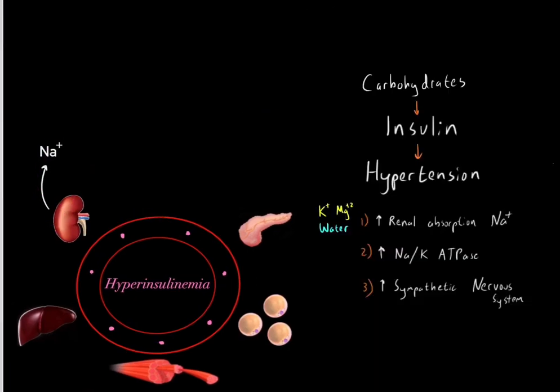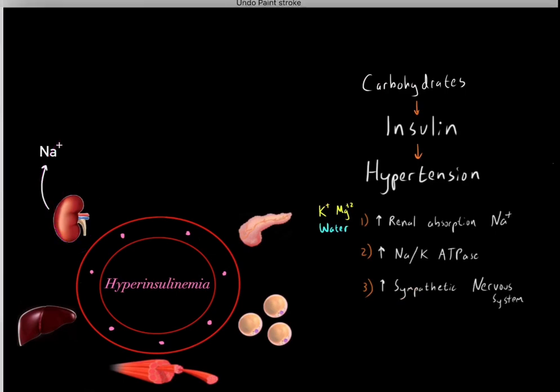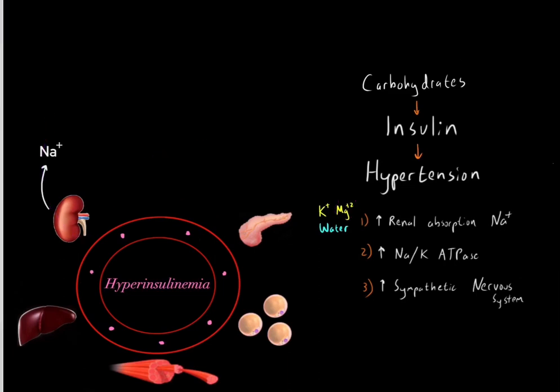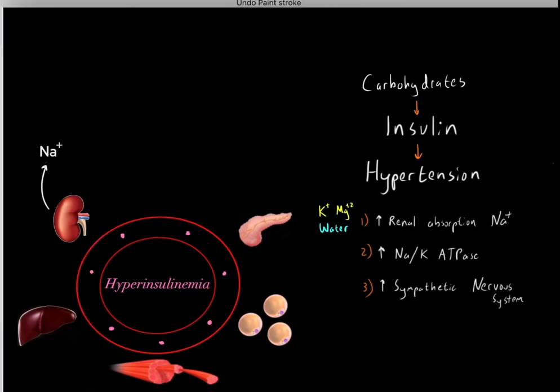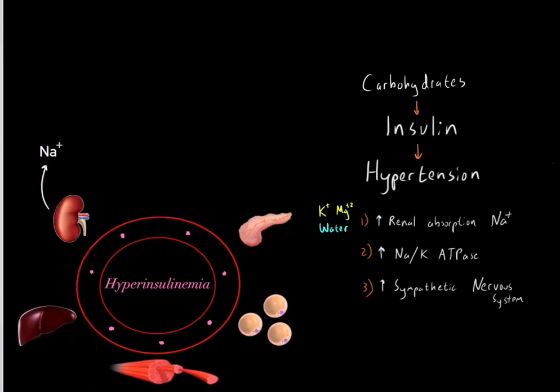hypertension. However, there are certain things you can do to help your kidney get rid of that sodium. For example, a diet high in potassium and magnesium helps the kidney get rid of that sodium. And also, there are very interesting clinical studies on humans that show if you eat a diet high in sodium, that will increase blood pressure. And then it'll take a couple hours for the kidneys to get rid of the sodium to lower the blood pressure.